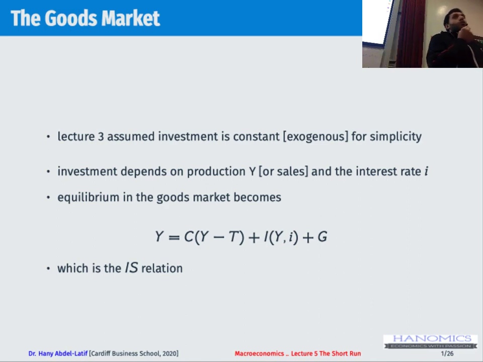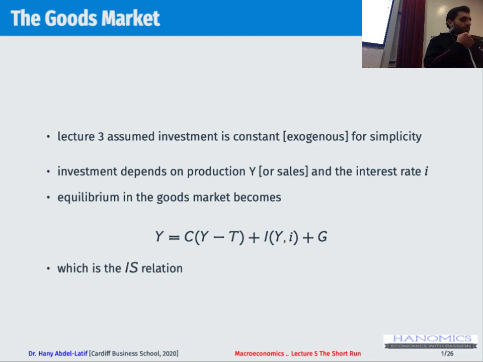Or even if they're not going to borrow money, usually when you want to undertake an investment, you think about the opportunity cost, or the return to this investment, and you think of the interest rate as a kind of opportunity cost.